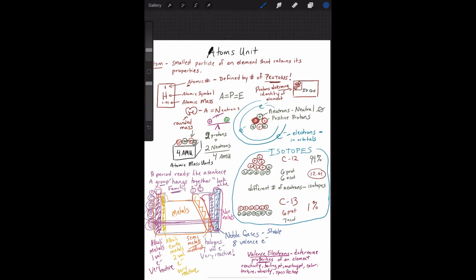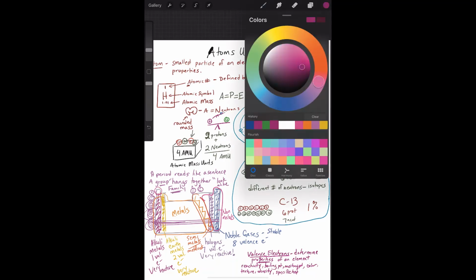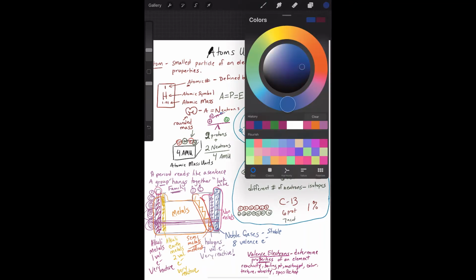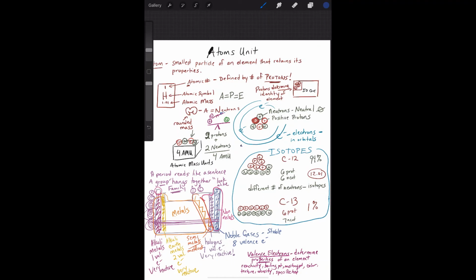I'm going to have an electron up here because it's really little. It's like a little speck. And my proton then would be a lot larger. So protons and neutrons are about the same size, and the electron is much smaller. So we could say electrons are tiny, tiny, tiny.